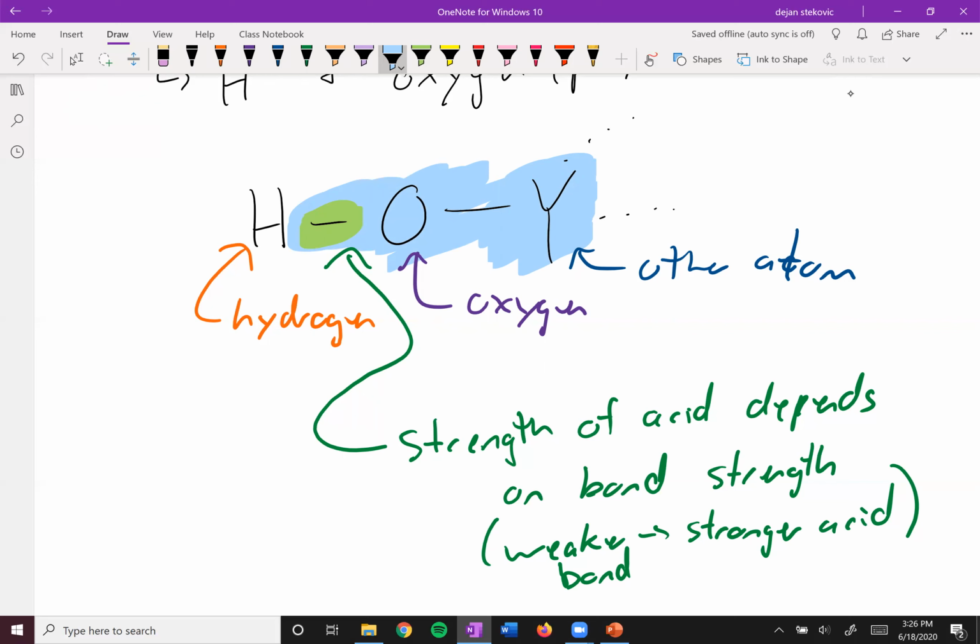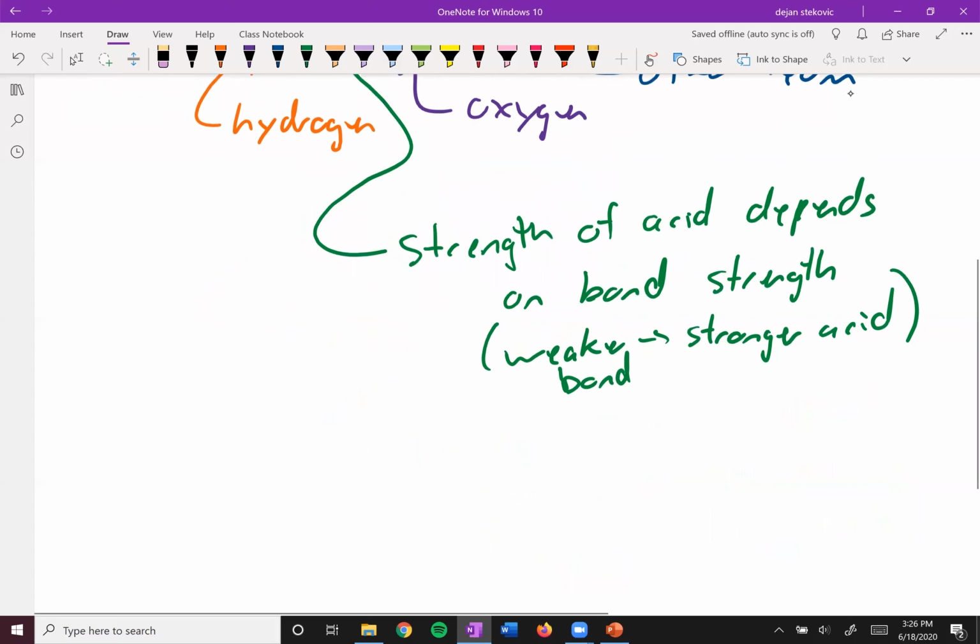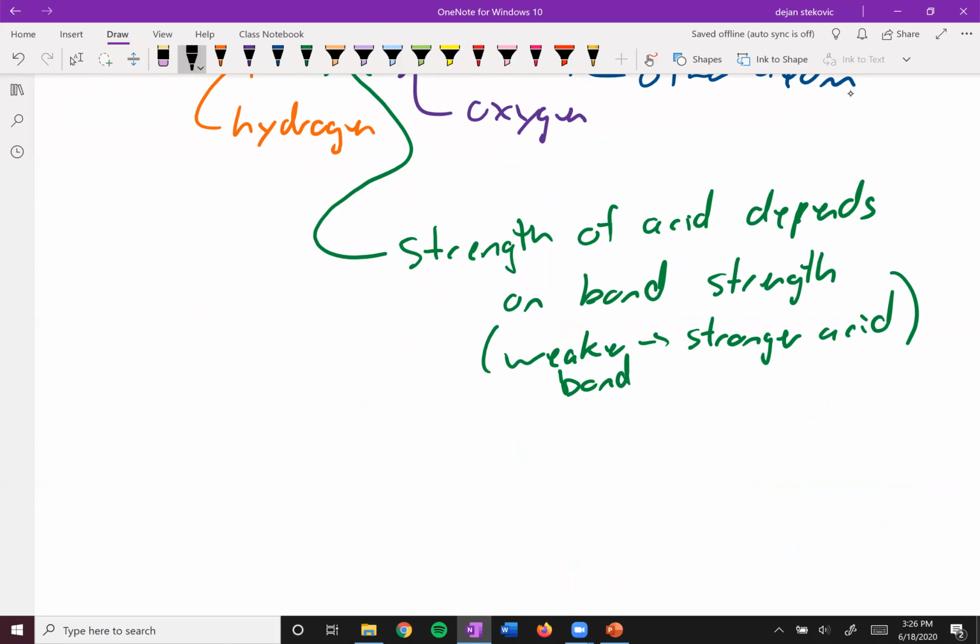The more electronegative your Y is over here, the more it's going to pool on these bonds, and then the less electrons are going to be left to have between this OH bond, and then the stronger the acid that you're going to have, right? So we'll say the more electronegative atoms pool harder on these electrons.